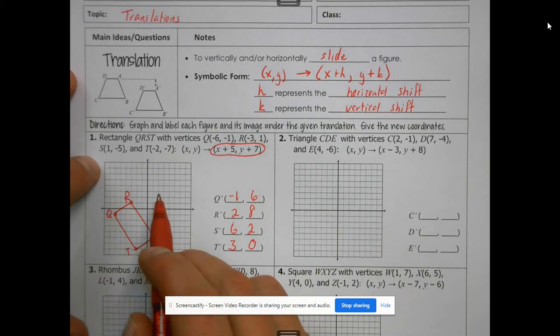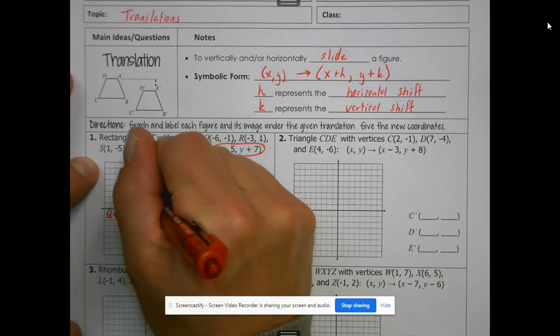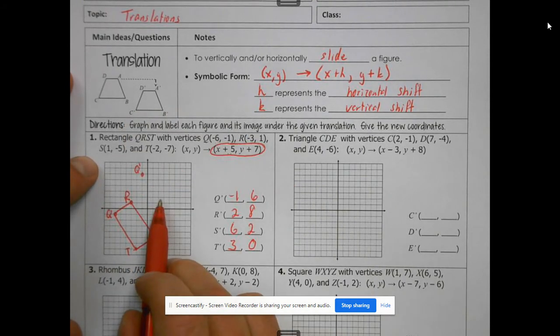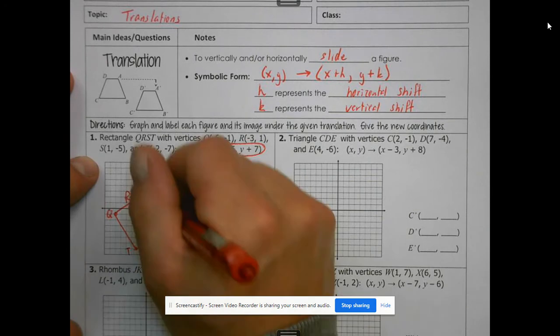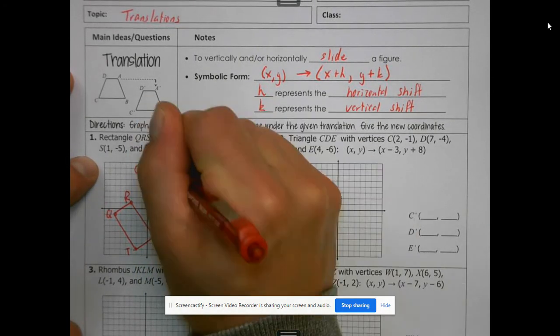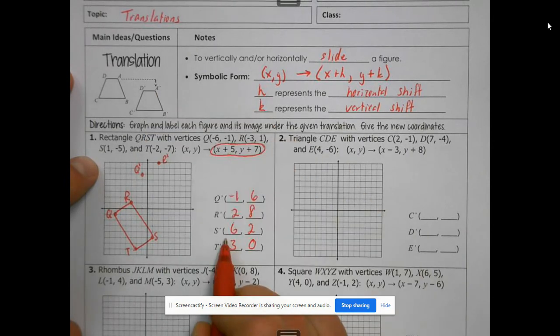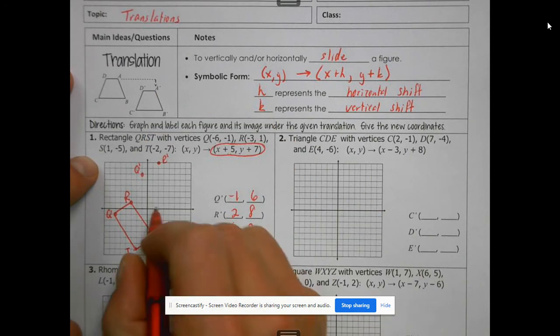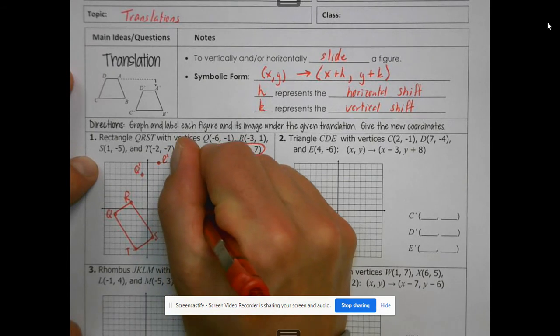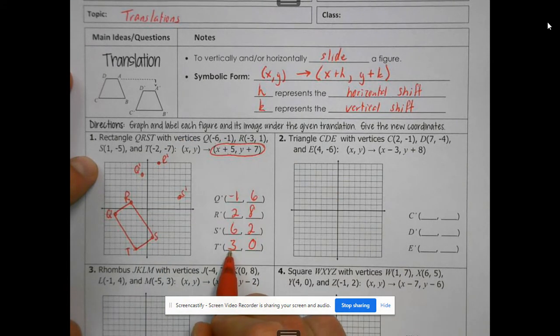Q prime is back 1, up 6. R prime is over 2, up 8. S prime is over 6, up 2. And T prime is over 3, up 0.